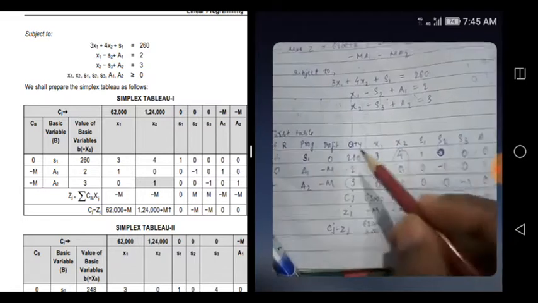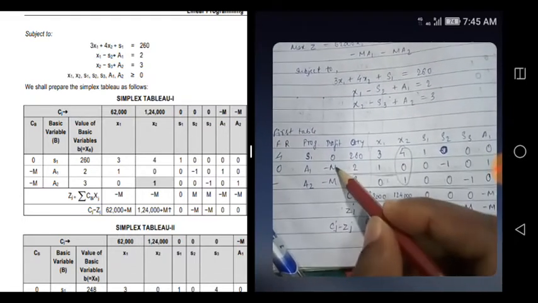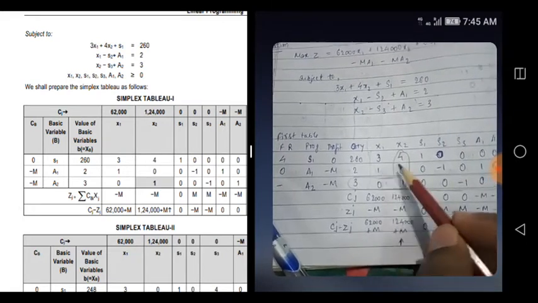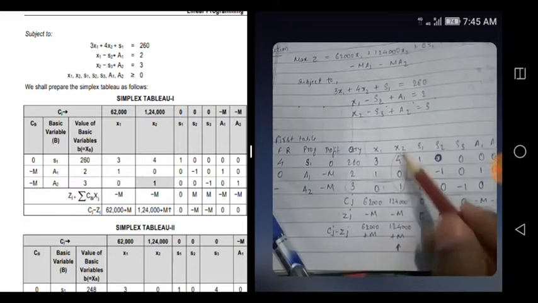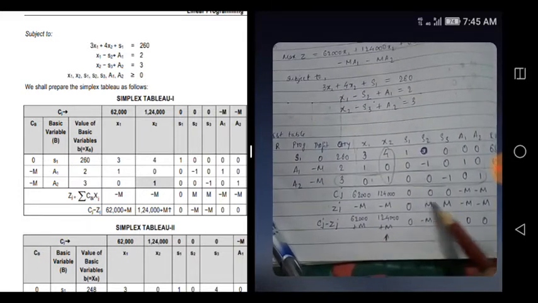So 0 into 3 is 0, minus M into 1, minus M into 0, so that's why minus M. Like this, for all you have to do like this only.